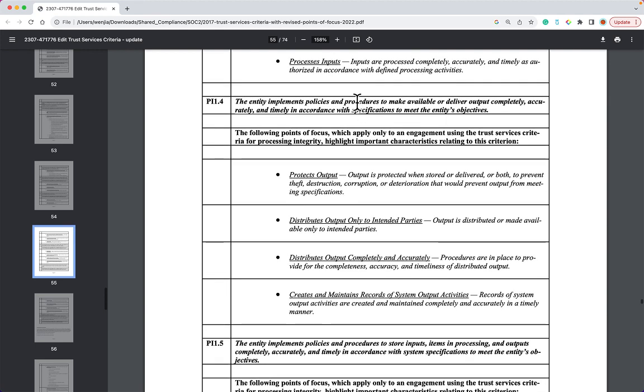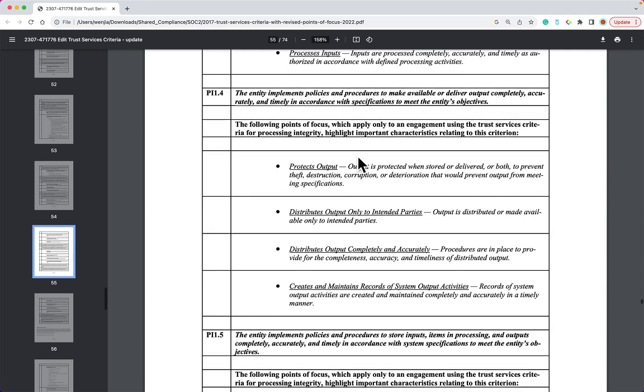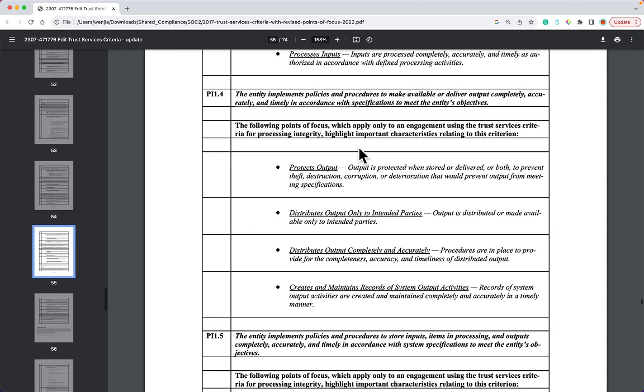So when you have all the correct and complete inputs in place timely, now you can start using them and get some outputs. What kind of protection, what kind of consideration should you have for outputs before you start making them?